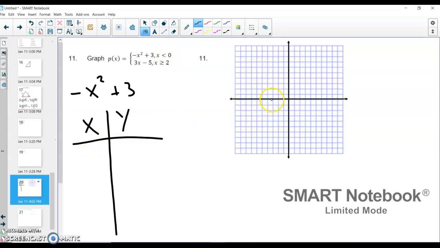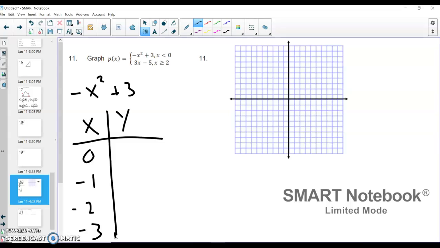The open dot says I'm going to get infinitely close to that point x equals 0, but technically I'm not going to touch it. So I'm going to choose 0 and any x value less than that: 0, -1, -2, and -3 will be the 4 points I choose.